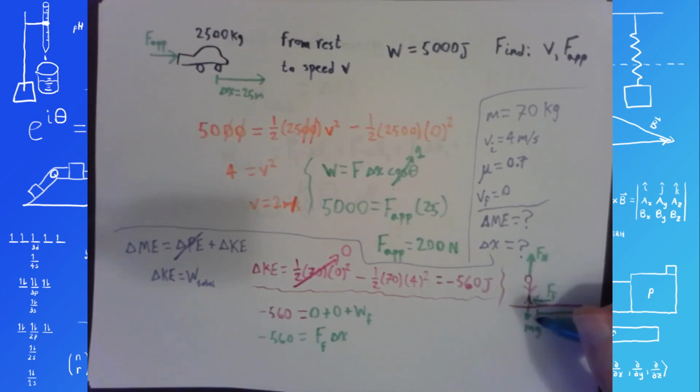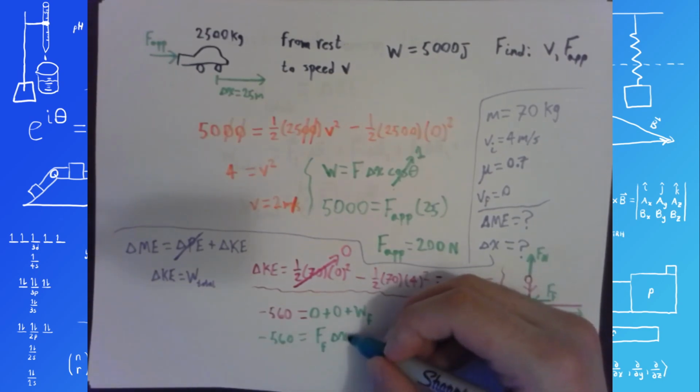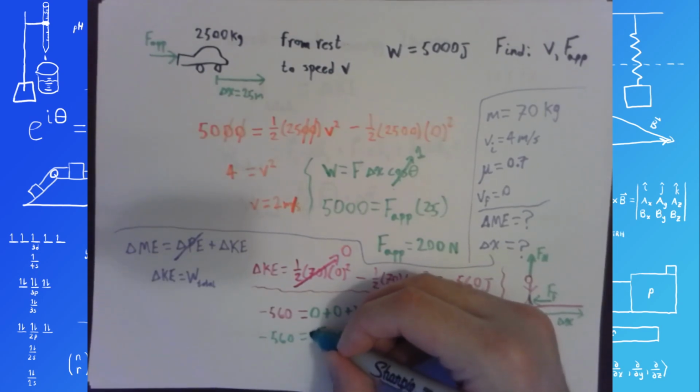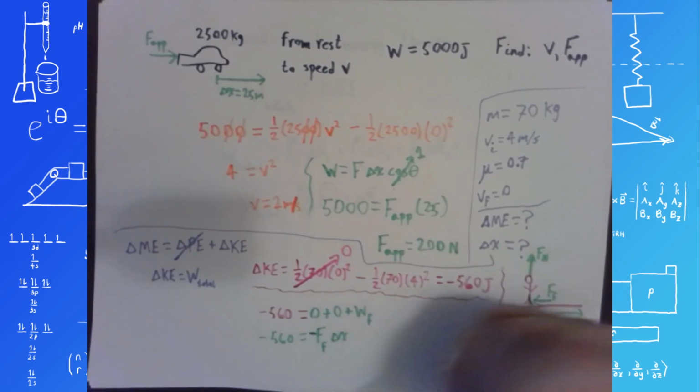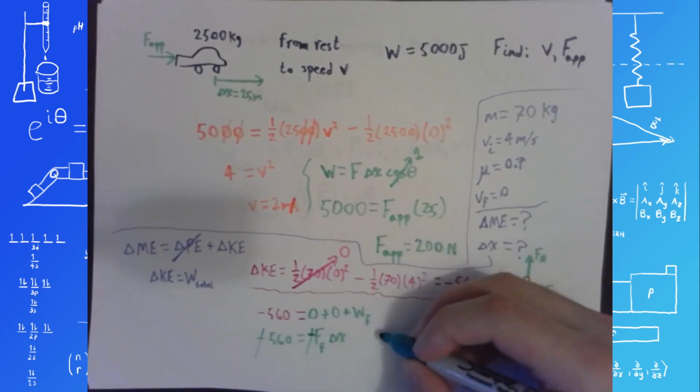The displacement is going to be opposite in direction to the friction force, so that's a 180-degree angle. Cosine of 180 degrees is -1, so that's a negative there. And we can go ahead and cancel these negatives out.